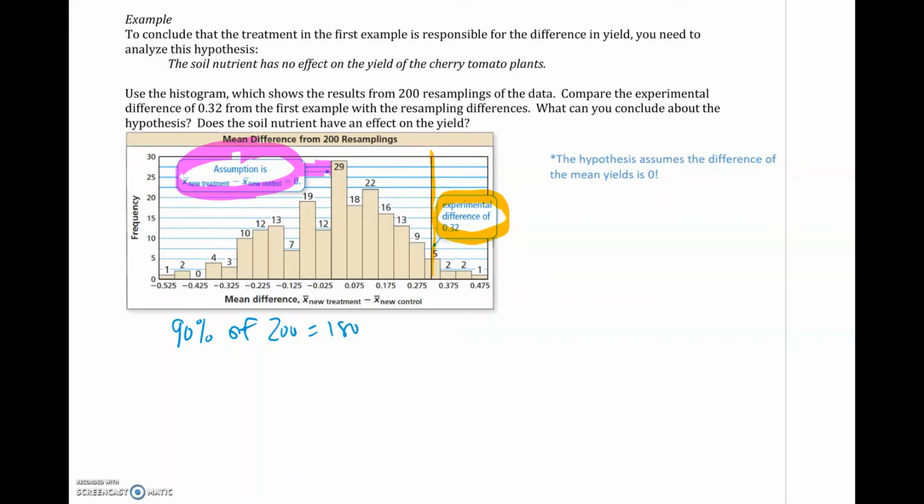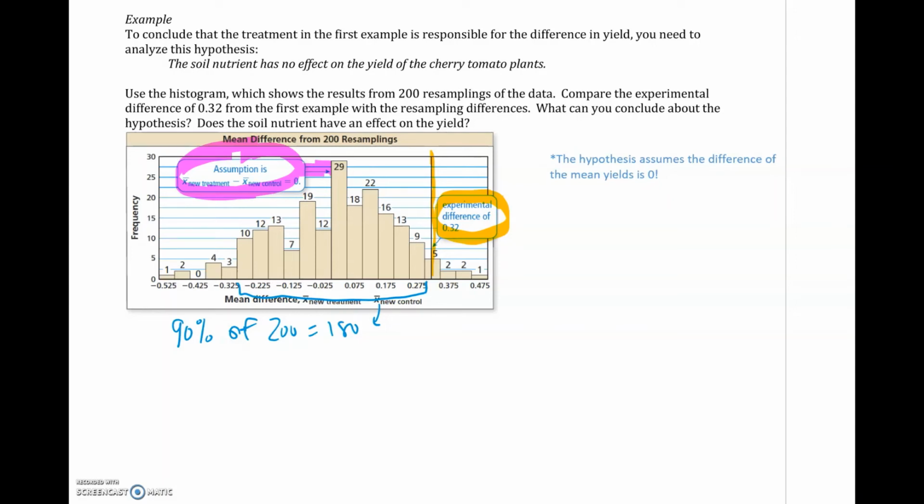So if I'm looking for where 180 of my resamples lie, well, that lies between here and there. So this is 90% of my data. So the majority of the resampling doesn't actually include that 0.32. Does that make sense? So that 0.32, that bar, doesn't lie within the 90%, which means it's kind of out there.